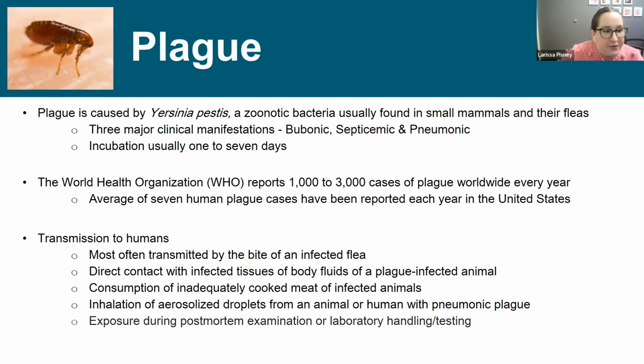And then in terms of transmission to humans, it is most often transmitted by the bite of an infected flea. It can also be spread by direct contact with infected tissues or bodily fluids of a plague-infected animal. This also includes scratches or bites from infected domestic animals such as cats.